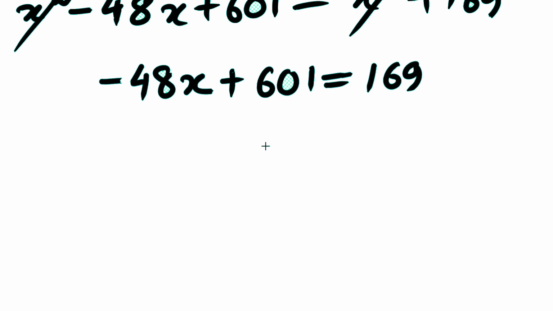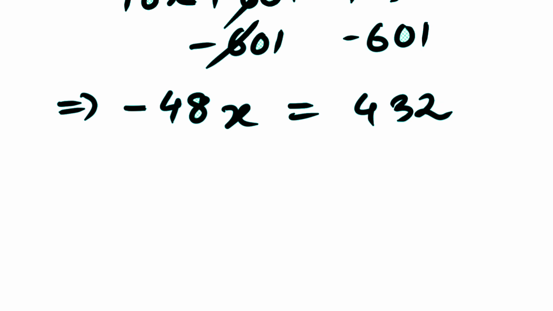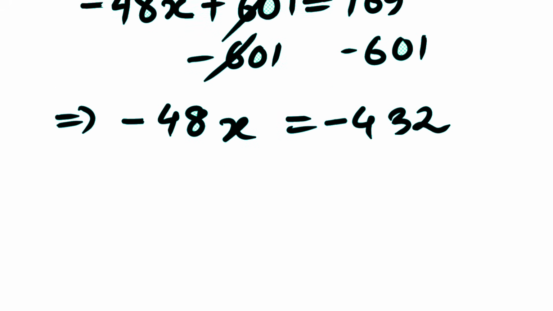We now want to isolate x. Subtract 601 from both sides. On the left, the 601 disappears, and on the right, 169 minus 601 gives negative 432. So we get negative 48x equals negative 432.